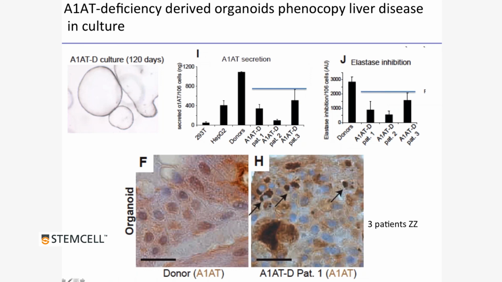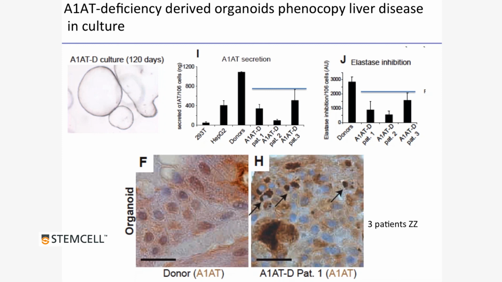It's true that these organoids had a slightly different shape than normal organoids, but the self-renewing capacity, the expansion potential, was maintained, and that allowed us to ask whether these cultures would mimic alpha-1 antitrypsin deficiency in vitro.